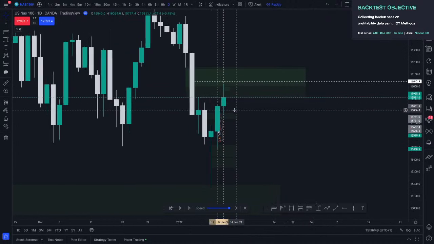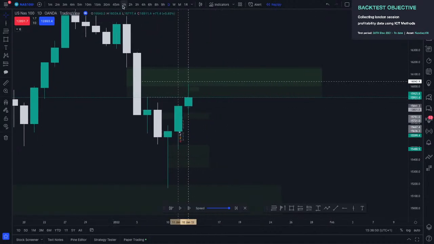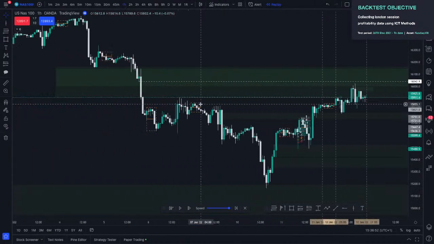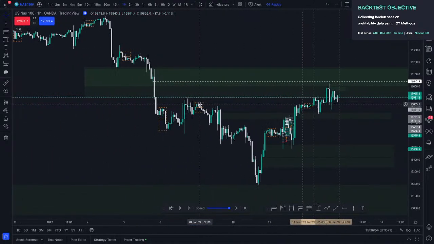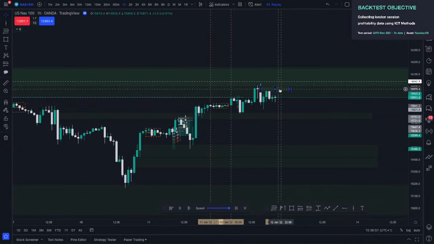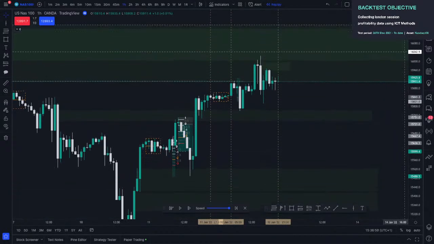My bias is bearish. So if my bias is bearish, on 1 hour, I identified this area right here where the market could potentially come back to before dropping for the next day. If you're bearish, I expect a manipulation to the upside and then a drop.